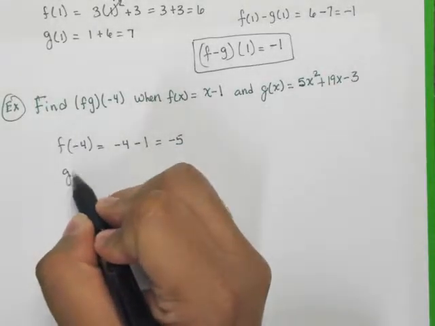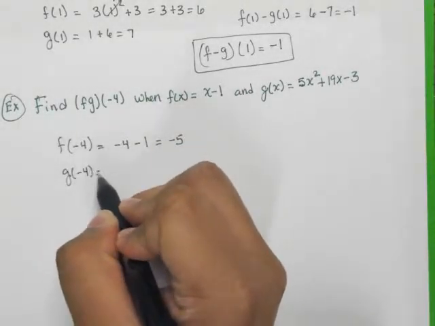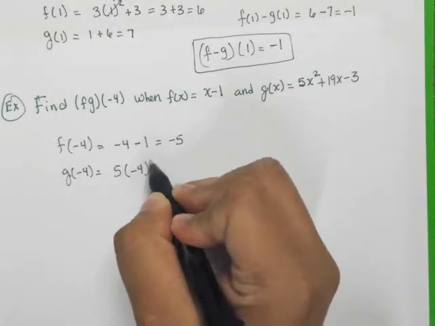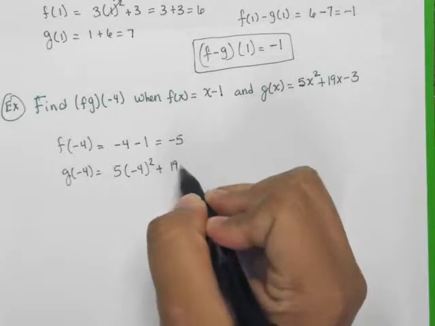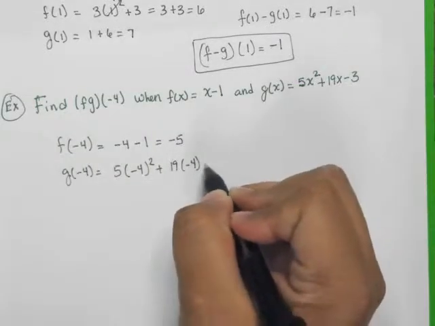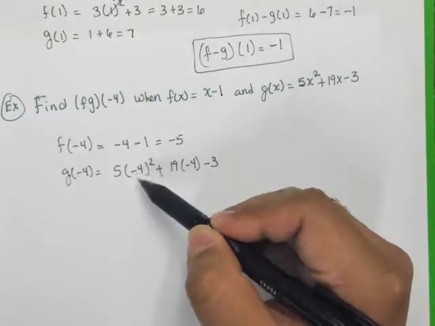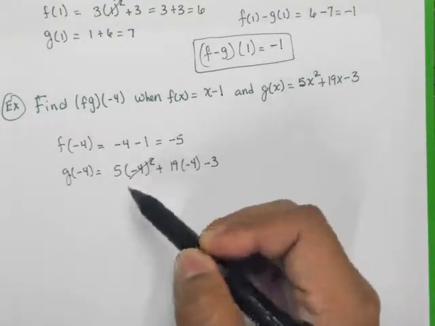And in this case, g of negative 4, which is 5 times negative 4 squared plus 19 times negative 4 and then minus 3. So following the order of operations here, negative 4 squared is 16.